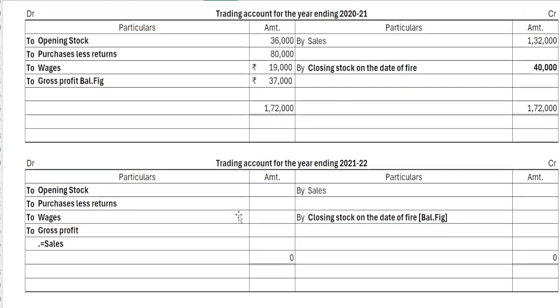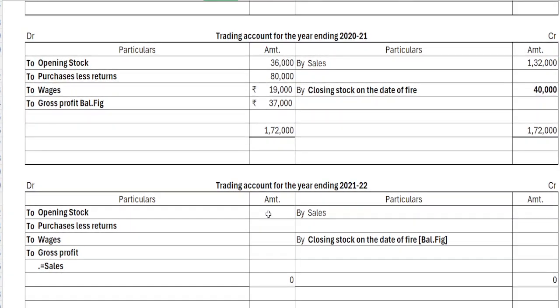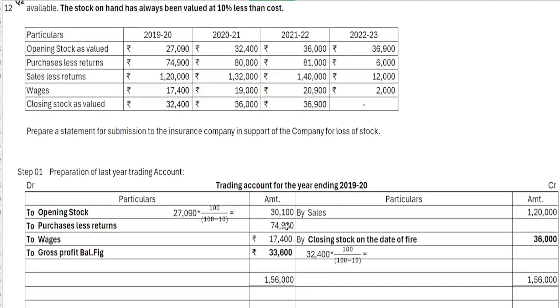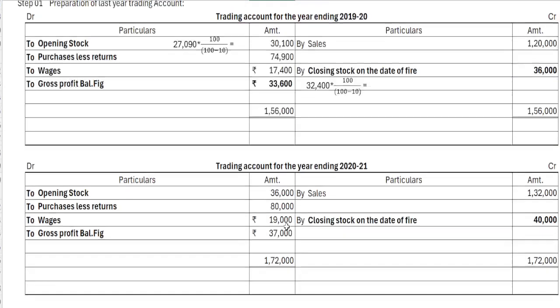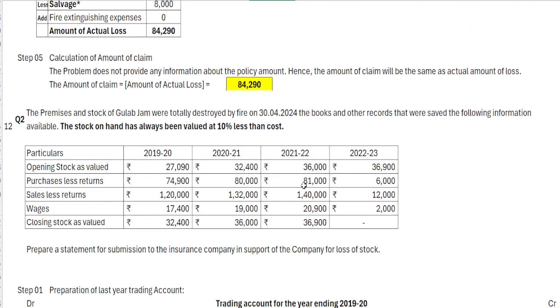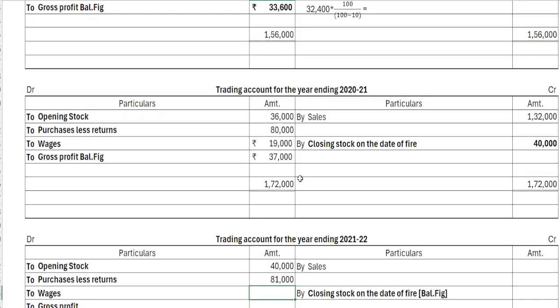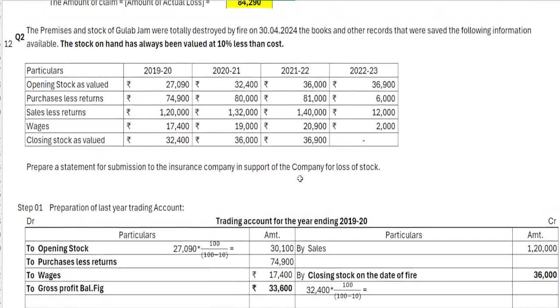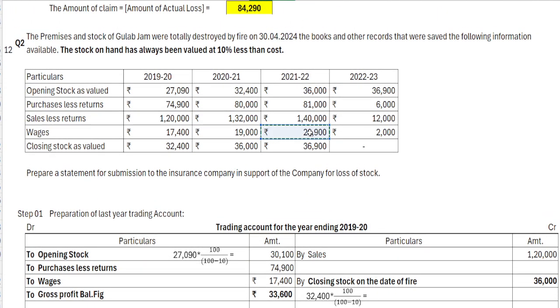Now let's calculate for the next year, 2021 and 22. Opening stock will be the closing stock of the previous year. Purchases is 81,000. Wages 20,900.